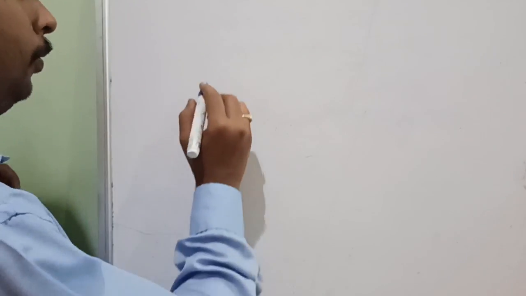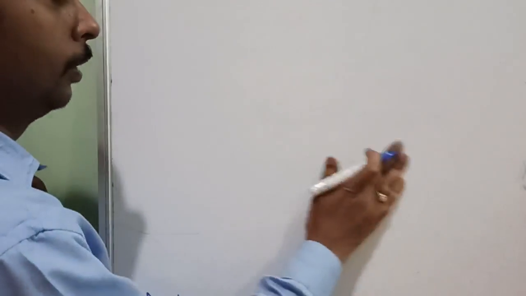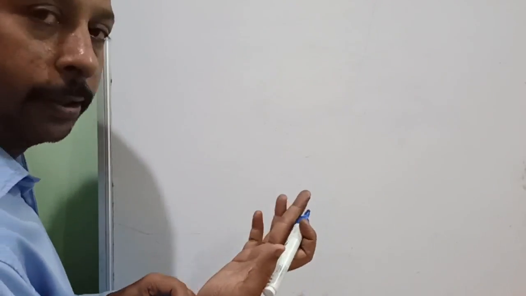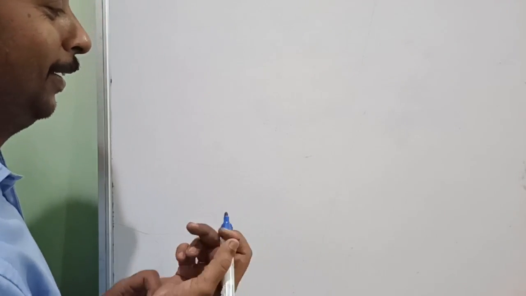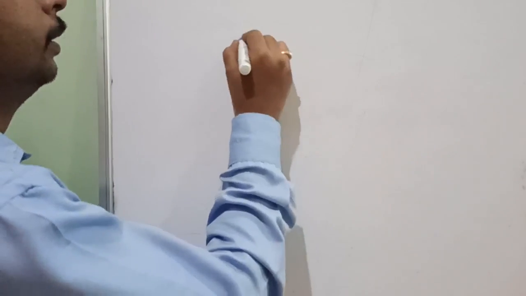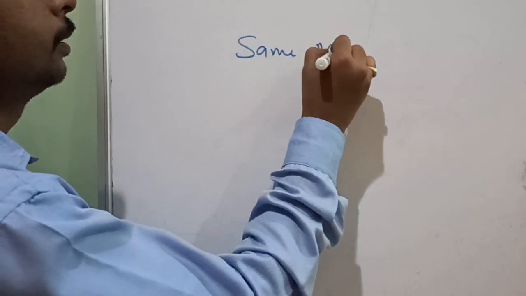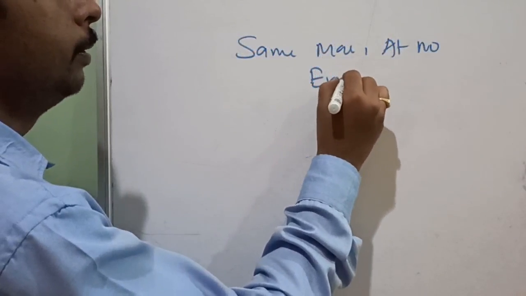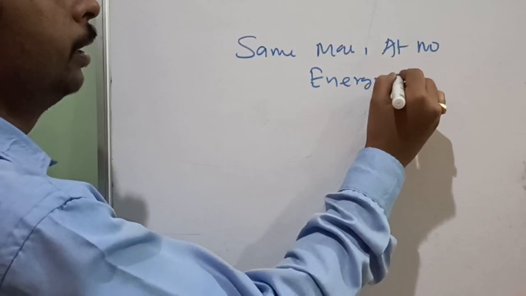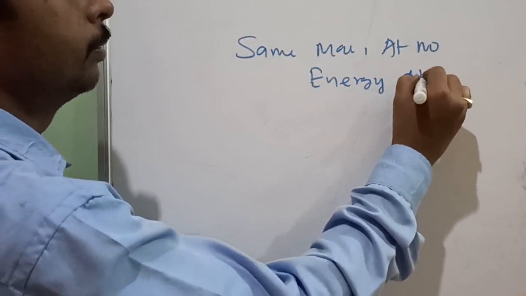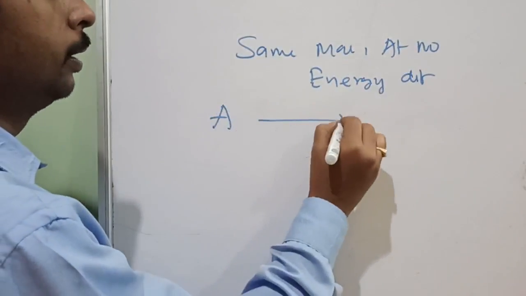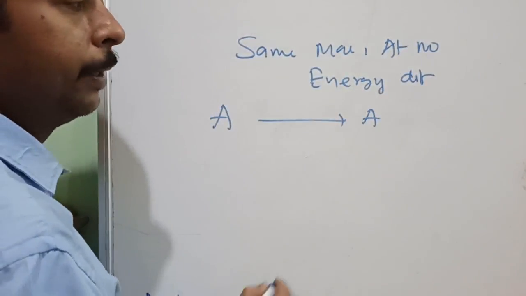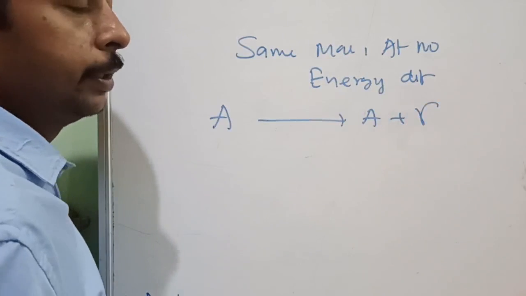So nuclear isomers, a lot of requirements are there. Nuclear isomer means same mass, same atomic number, but energy should be different. Suppose X is losing gamma.